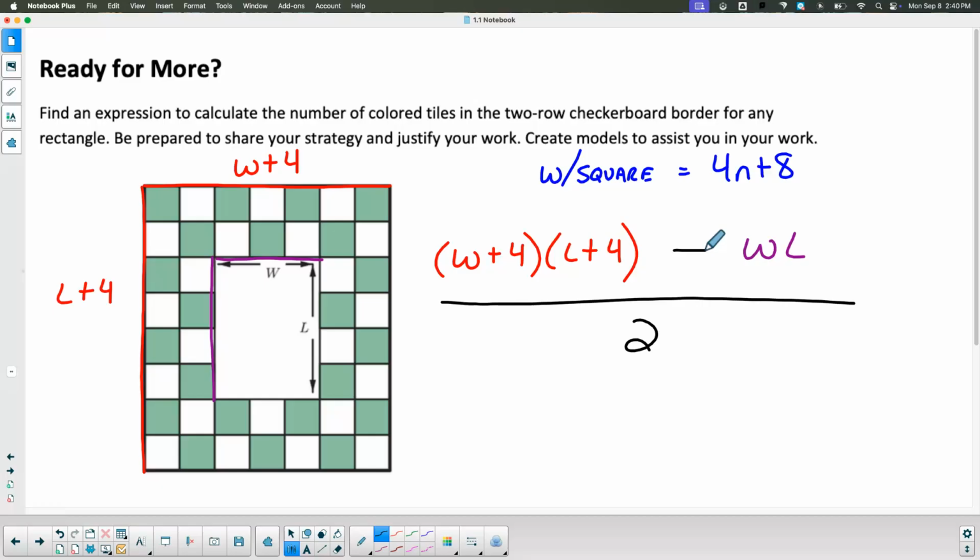Okay. That works. Let's do it my method now. My method says we take out these corner 2, we take out these corner 2, we take out these corner 2, and we take out those corner 2. How many are those? We took out 8 of them, right? Okay.